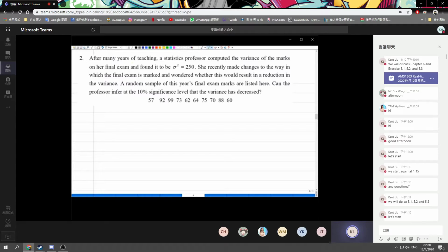Here you have a statistics professor who computes the variance of marks on a final exam and finds it to be 250. Now she makes a change in marking the final exam and wonders whether this would reduce the variance, meaning less variation.